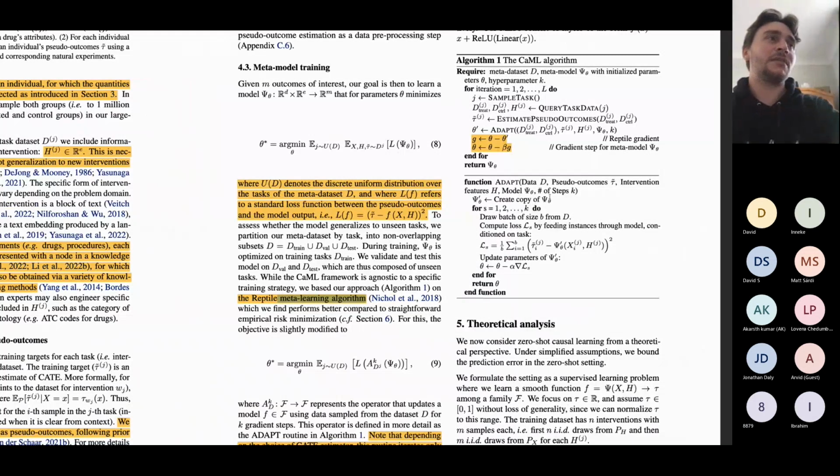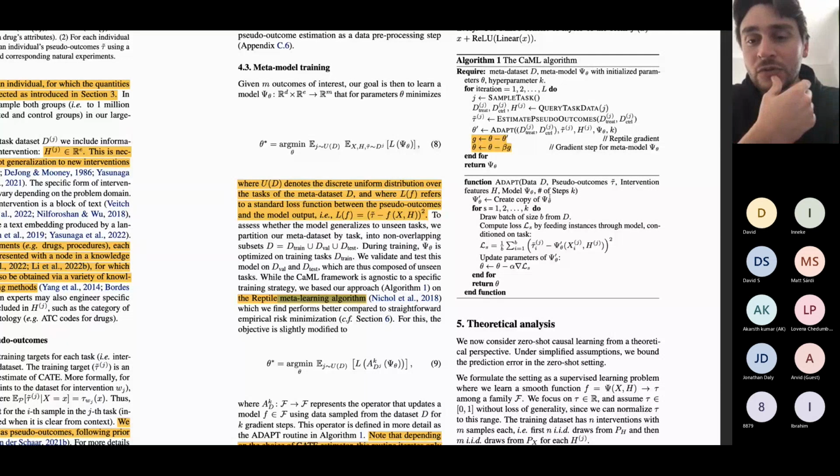But I actually think the meta-learning framework that they use is very interesting. So let's talk about possibly the naive meta-learning framework which you could use versus the one that they're using. In the meta-learning framework, the first step is you get a sub data set, an intervention data set, and you train the model on that.